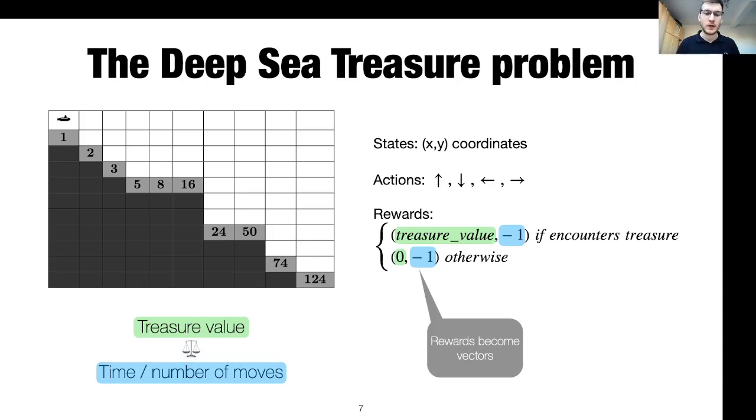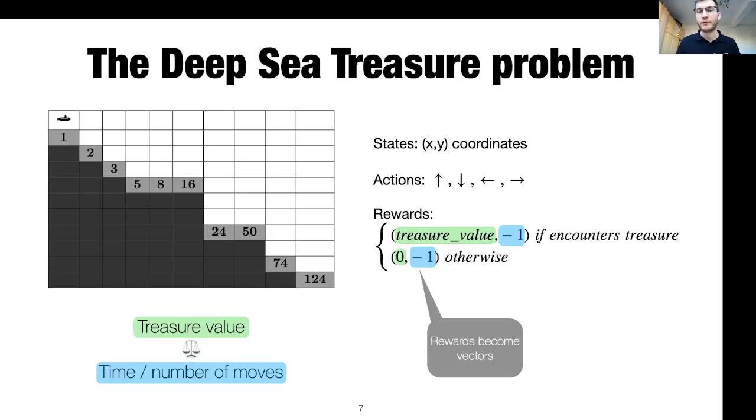It can go in the four cardinal directions, and whenever it reaches a treasure, the game ends and we can retry, starting again from the beginning. We have two objectives here: first, we want to maximize the treasure value, but also we want to minimize the number of moves. These are conflicting because you have to go far away to reach a bigger treasure. So we need to find a good balance, the good trade-offs.